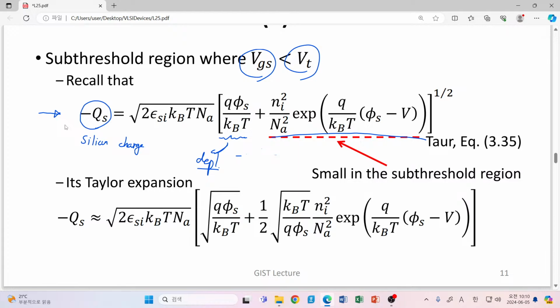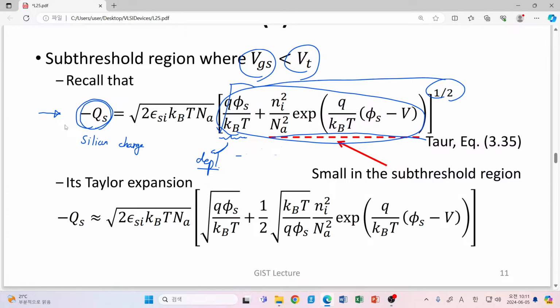Then how can we actually separate them? Of course, in its original form, they are all coupled. The sum of these two contributions is square rooted, so we cannot easily separate it.